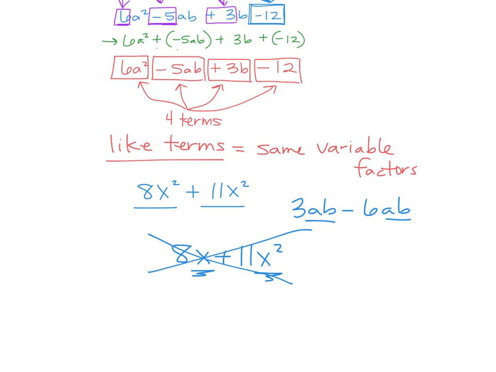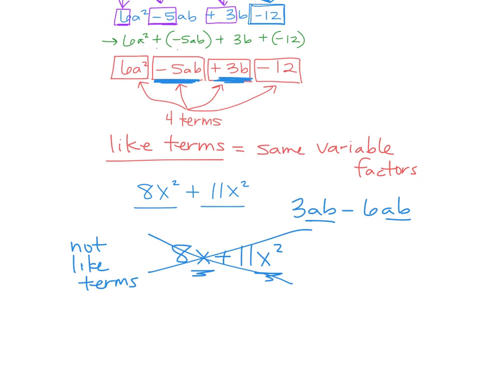Questions on that? Yeah. So for the problem that we're doing right now, the negative 5ab is not the same as 3b, right? Yeah, this 3b and this negative 5ab are not like terms because the ab and the b are not identical.